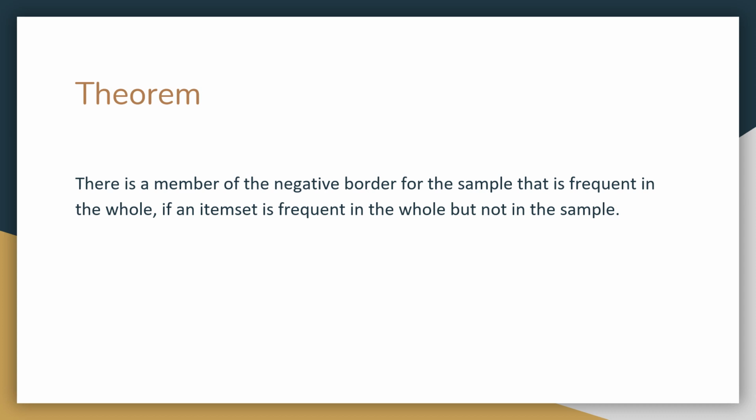What that means is that we want to know if there is any item set that is frequent in the whole but not frequent in the sample. And there are a few members in the negative border that are frequent in the whole but not frequent in the sample. So basically we want to find the frequent items which are not in the negative border but are frequent in the whole given set.